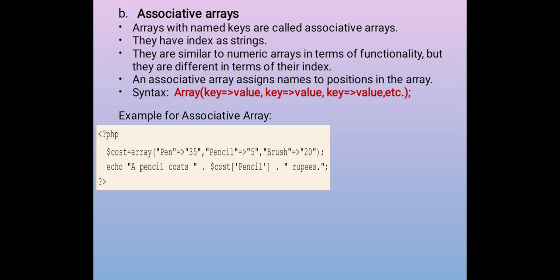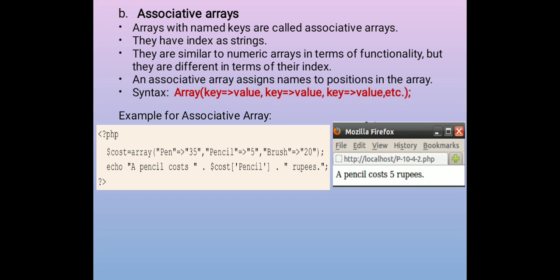The dot operator is used to concatenate these strings. And here the output is a pencil cost 5 rupees, because the array cost has the index value pencil, the string pencil, with the value 5.